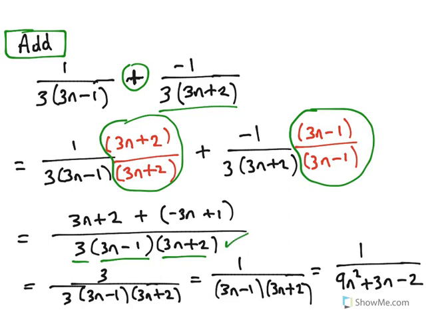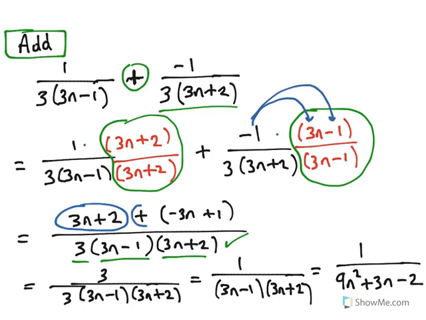So when we have our least common denominator, we can add the two numerators together. So our first rational expression will have a numerator of 3n plus 2 after we multiply 1 times 3n plus 2. And our second rational expression will have a numerator of negative 3n plus 1 after we multiply negative 1 times 3n minus 1.